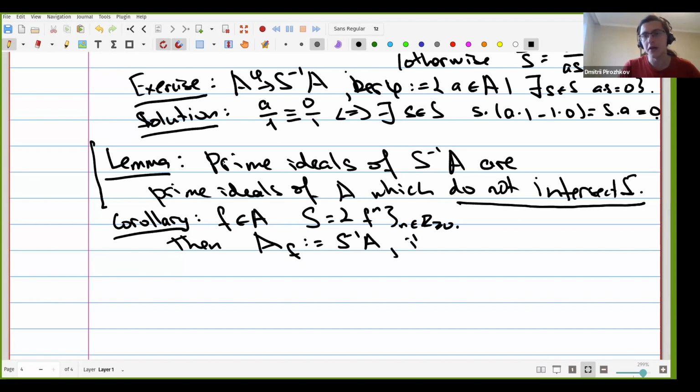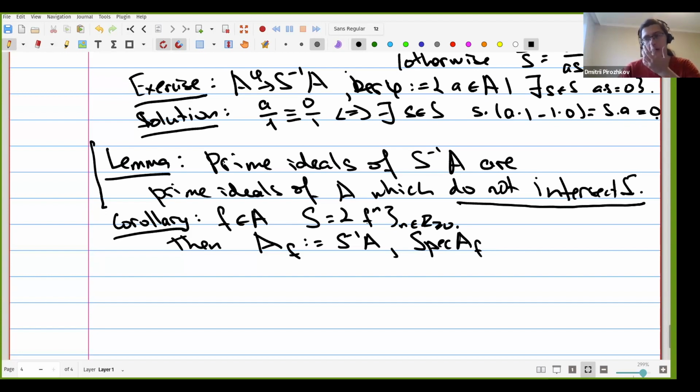Sorry, this is a ring, and the spectrum of this ring, by the lemma above, is exactly the set of prime ideals in A that do not contain any power of f.